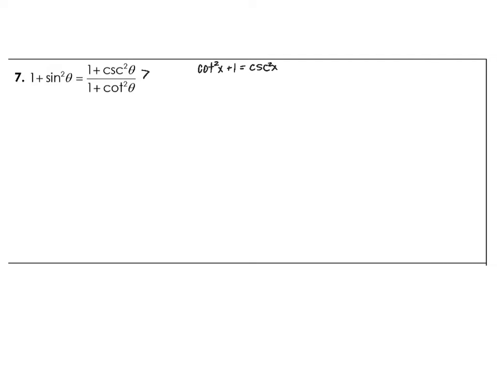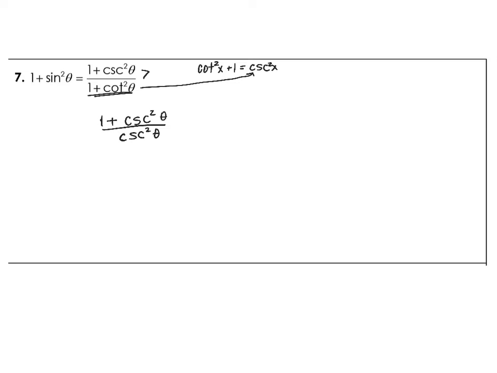And so notice that this denominator, that entire part, can be replaced with cosecant squared. So let's do that. So here we're going to have 1 plus cosecant squared theta over cosecant squared theta.